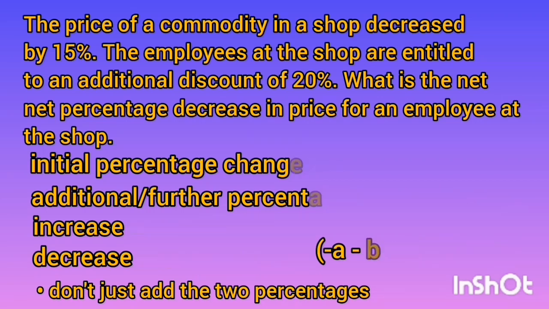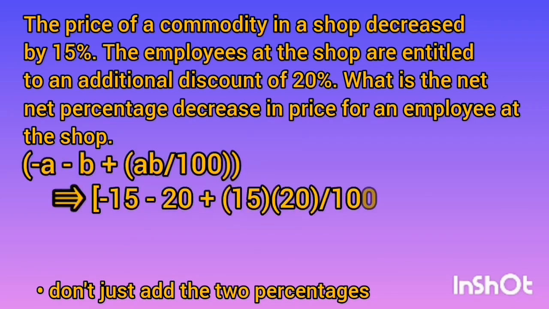So here we have negative 15 minus 20 plus 15 by 20 all over 100. And this gives us 38%.